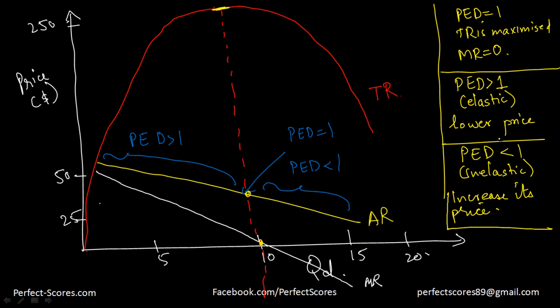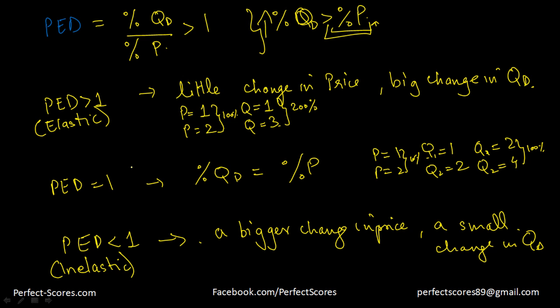So getting all these three points, in this case, to increase revenue you have to go this way, which means you have to increase your price. In this case, to increase your revenue you have to go this way, which means you have to decrease your price.